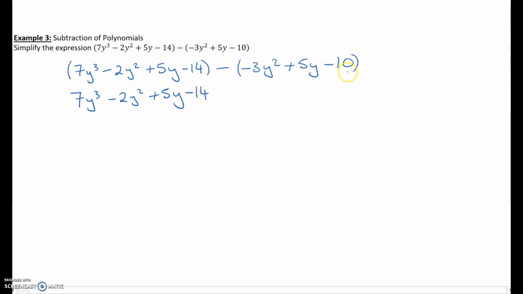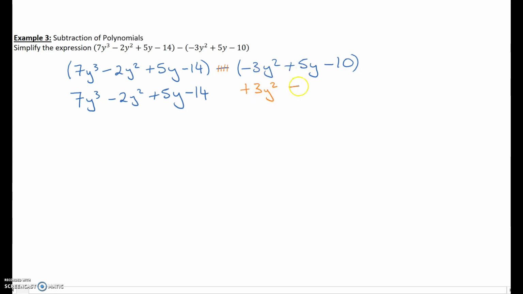Now the second parenthesis has the minus sign in front of it. Remember what happens. The minus sign in front of the parentheses will go away, but before it does, it's going to change everything inside. So negative 3y squared becomes plus 3y squared.